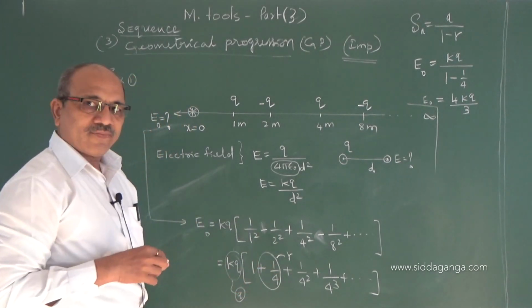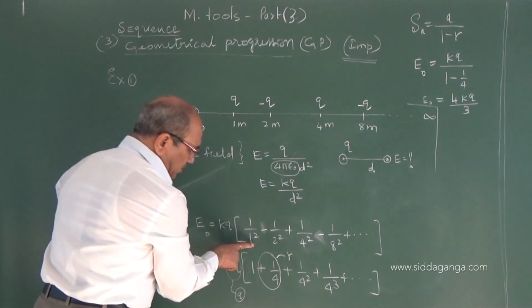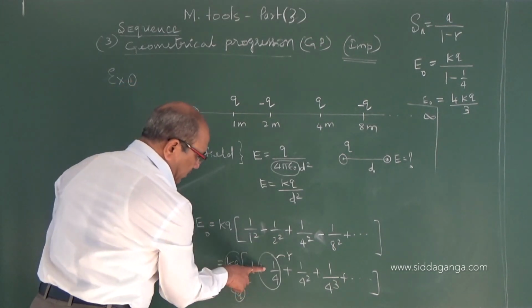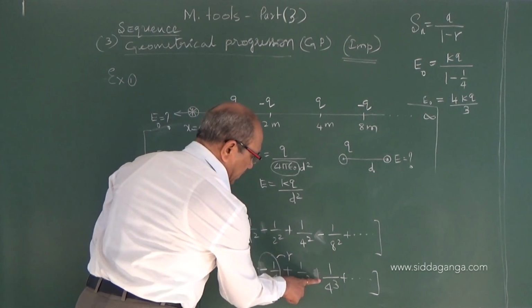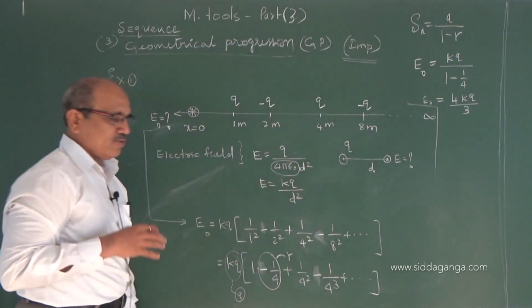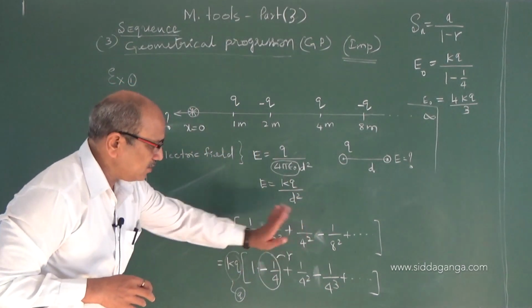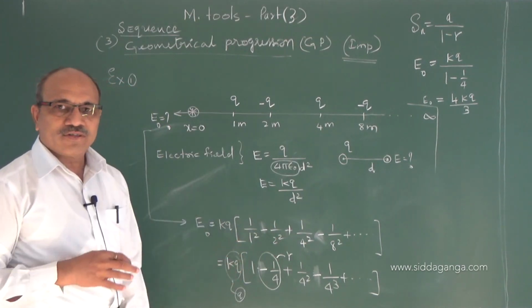The remaining is the same. What changes is 1 minus 1 by 4, and plus, again minus 1 by 4 cube. The remaining is the same. Solution we got.